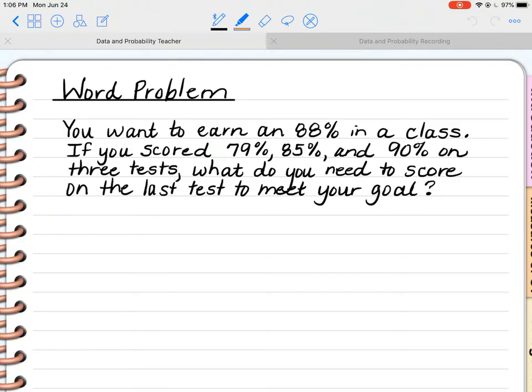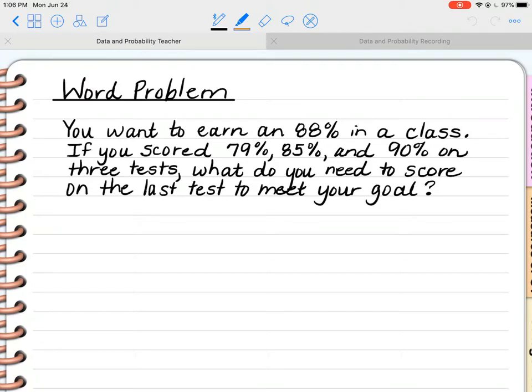You want to earn an 88% in a class. So that's your final goal for this class. If you scored 79%, 85%, and 90% on 3 tests, what do you need to score on the last test to meet your goal?